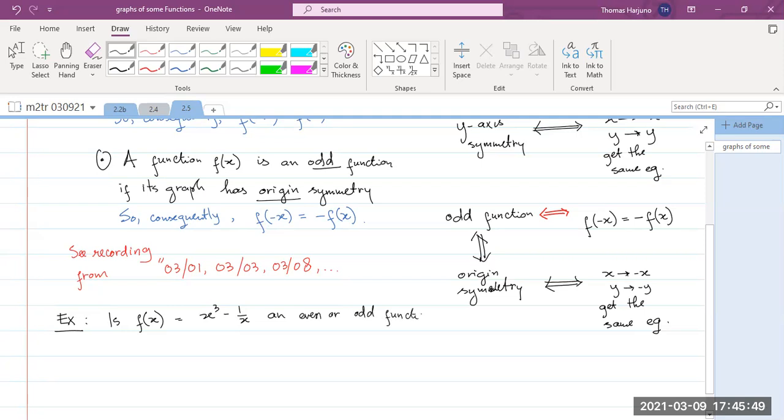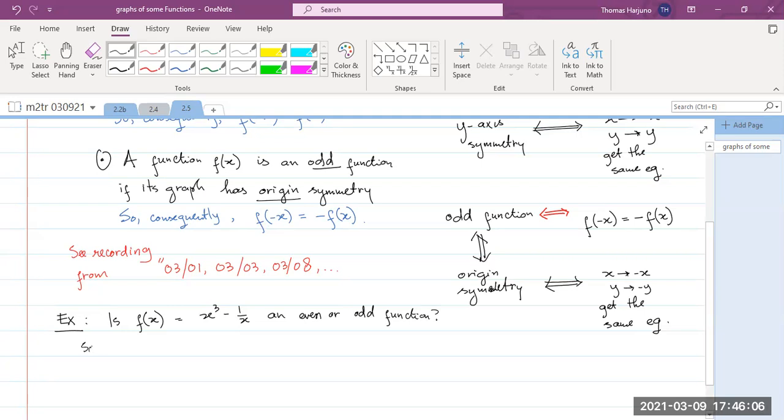Is it even or odd function? Now, it is possible for a function not to be even, not to be odd. So it doesn't have to be even, it doesn't have to be odd either. It may be neither.